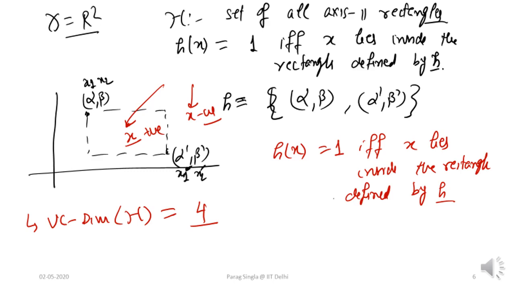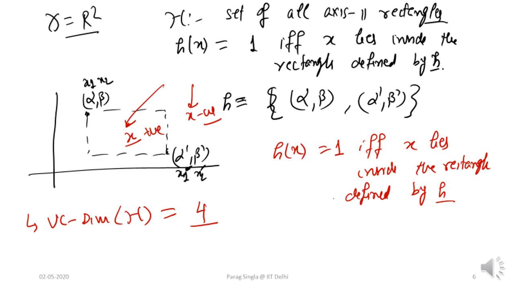And the hypotheses which belong to this class are in the form of this rectangle. We will simply say that a point is classified as one by a particular hypothesis if x lies inside the rectangle defined by h, and zero otherwise. And how do we define these rectangles? You can think of these as the parameters which specify a particular hypothesis in this hypothesis class.